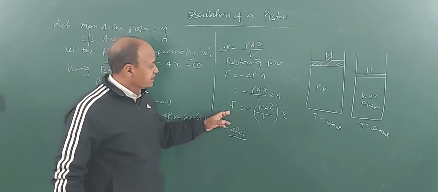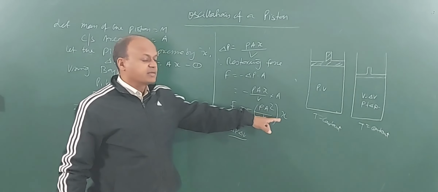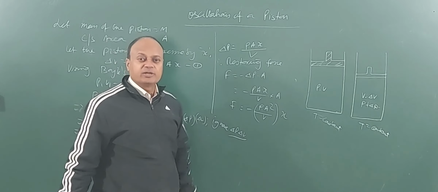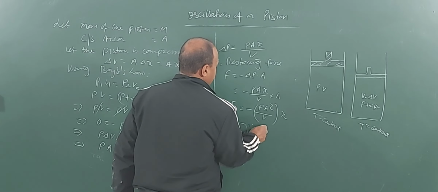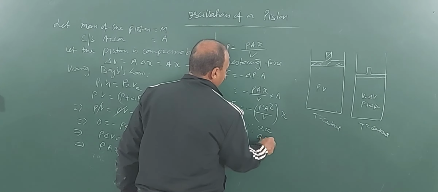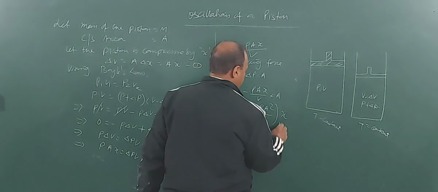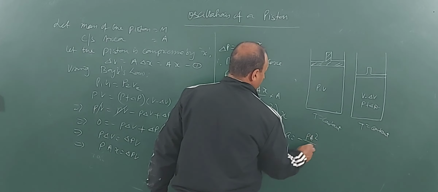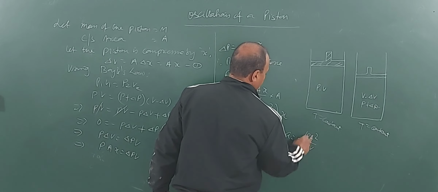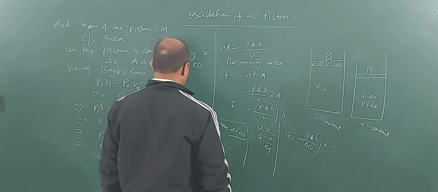Now see, P, A square and V are constants. So force is directly proportional to minus x, hence the motion is simple harmonic motion. Yes? So once you got this, acceleration a will be force by mass. If I divide by mass, then acceleration a will be equal to minus PA square by M into V into x. Clear? So this is going to be equation 2.